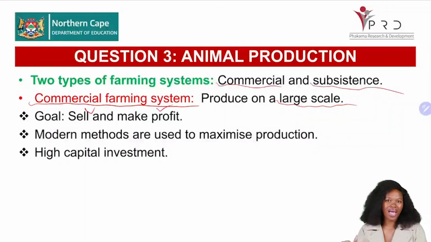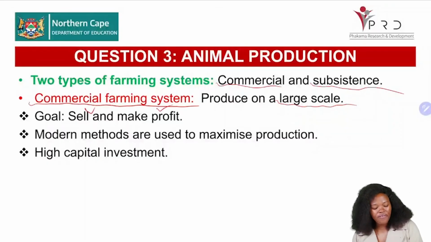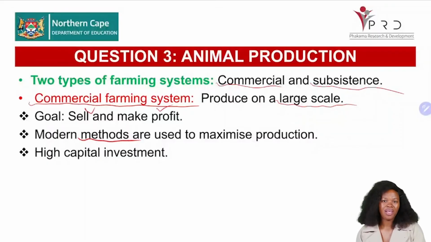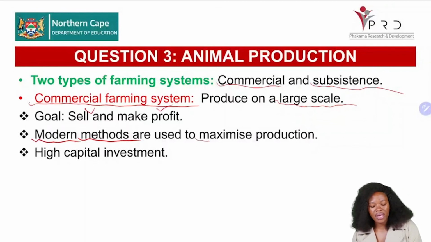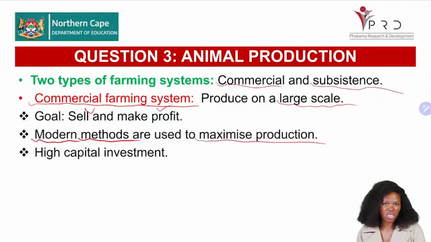Now, to make money, there are different methods that are used. These methods are called the modern methods of raising the farm animals. Upon using modern methods that include technology, we want to maximize the production.